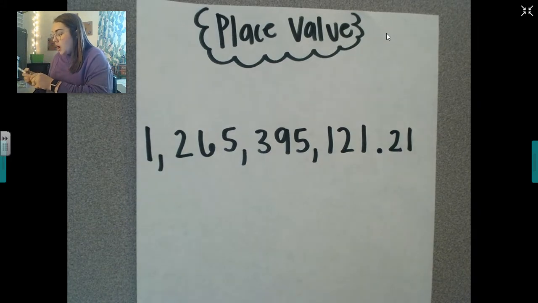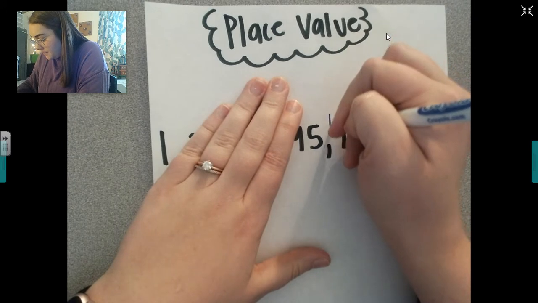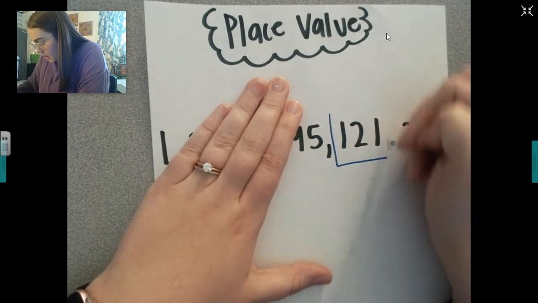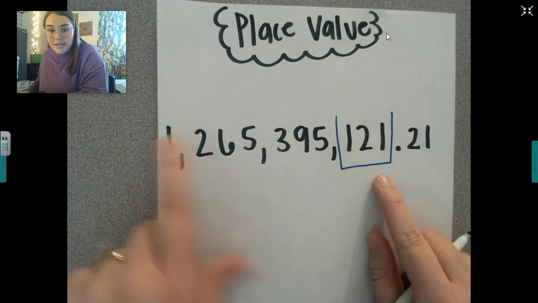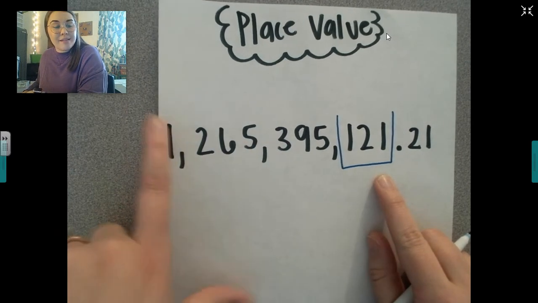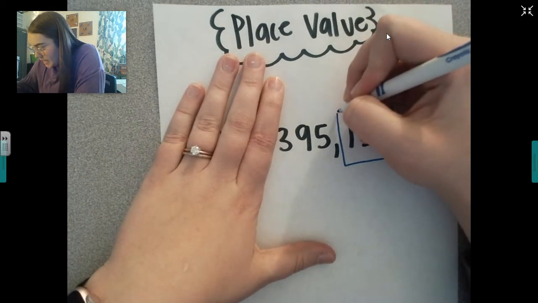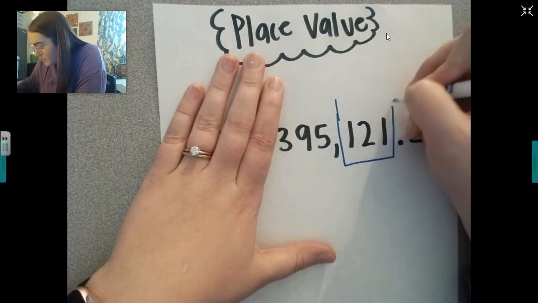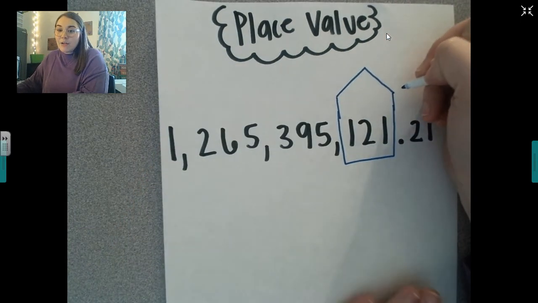The houses are periods. So when we have a number, they are broken up into 3 chunks, and we stop in 4th grade at the billions, and that's why we're not going to keep going on from that. But they are broken up into 3 chunks. So I like to think of these chunks as, you remember it, houses.